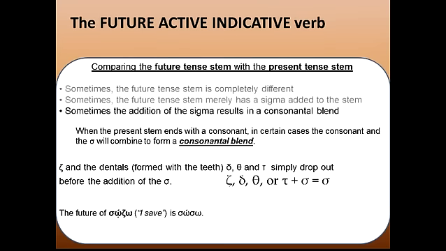Similarly, theta, we use the teeth. The tongue comes between the upper and lower teeth, and we say theta. Or tau. With tau, the tongue is placed just about the same place as with delta, da, except we pop it a little bit harder. It's a little crisper sound. Zeta, you may remember, can make the sound that Z makes, but when it is internal, that is, when it's not the first letter in a word, then it's DZ, idzo.